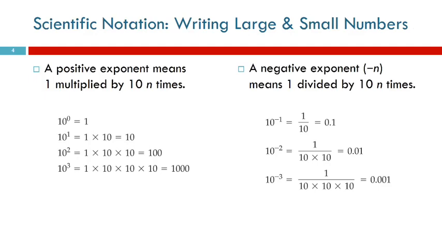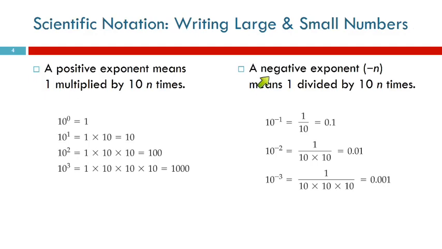Another way, the way I prefer to think about it, is the exponent tells us how many zeros to put after the 1. So here, 10 to the third, that's a 1 with 3 zeros after it. That's 1,000. 10 to the 0 is a 1 with 0 zeros. It's just 1. So those are positive exponents.